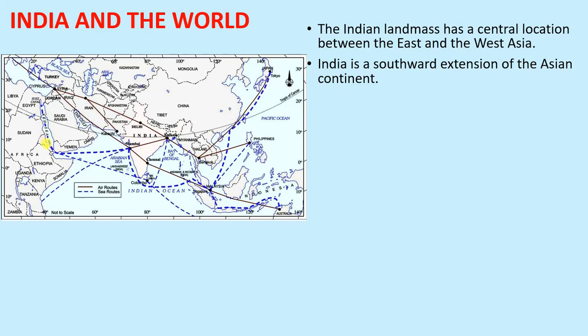Whatever dotted lines are shown here in blue are the sea routes. India is a southward extension of the Asian continent. If you see the Asian continent, it is a southward extension, which means it is lying in the south of this continent.